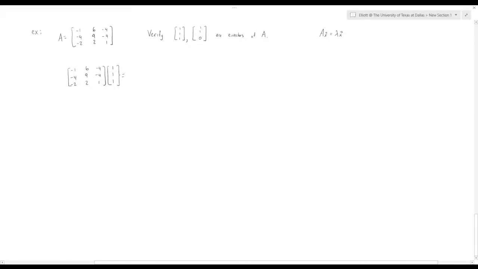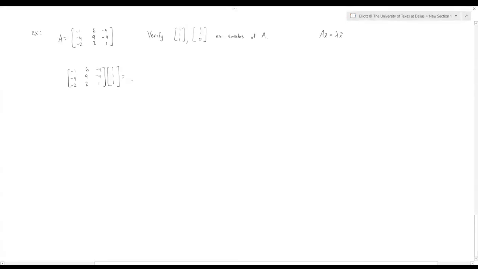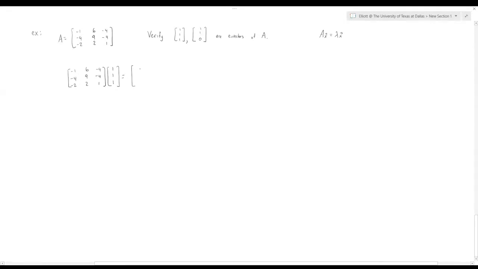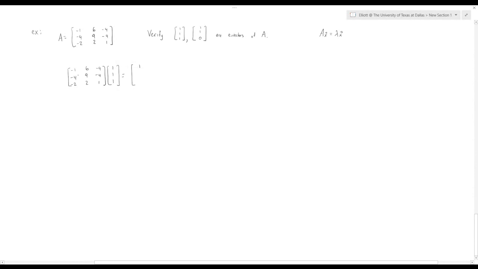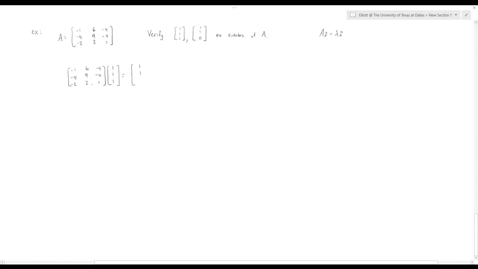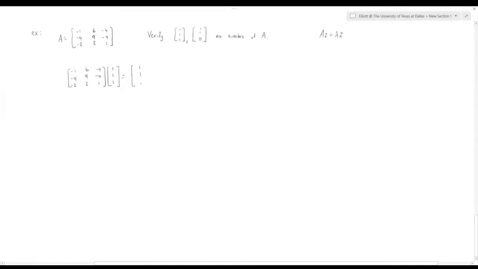So if we do the multiplication of this, -1 plus 6 minus 4, I think is 1, right? -4 plus 9 minus 4, yeah. -2 plus 2 plus 1, okay?